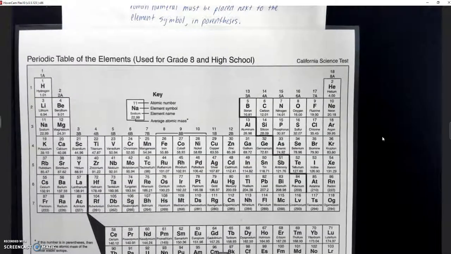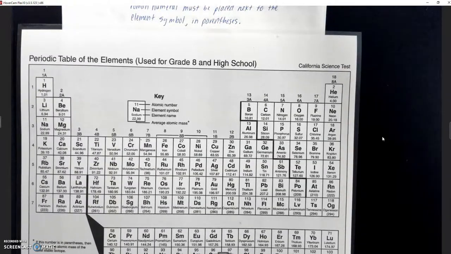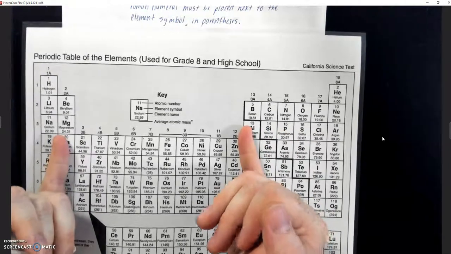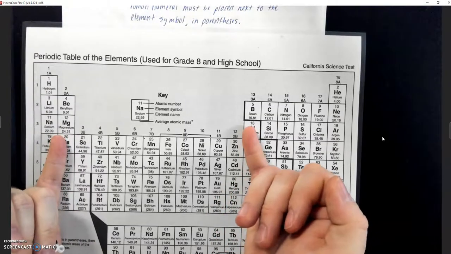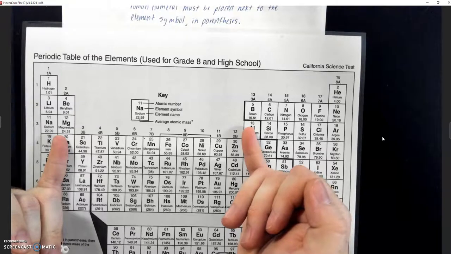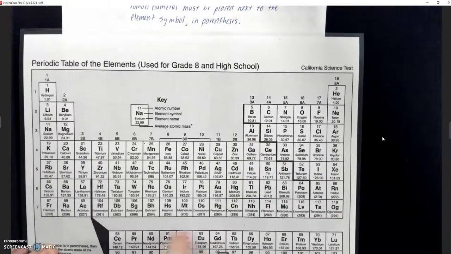Now here's a funny little anecdote, a little story that my high school chemistry teacher taught me, and this is how I always remembered which ones get the Roman numerals and which ones don't. If you're in the transition metal block, we call that the Roman Empire. That means everybody in there gets a Roman numeral, with the exception of these guys down here.